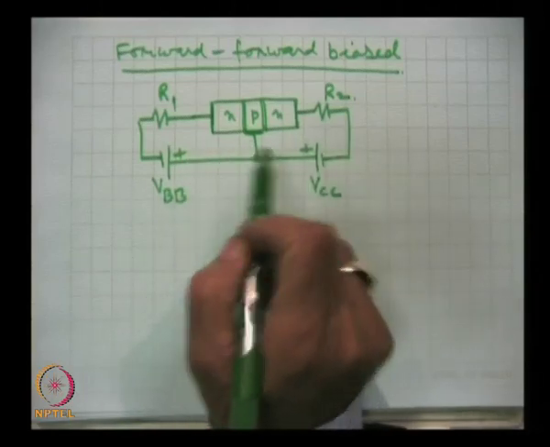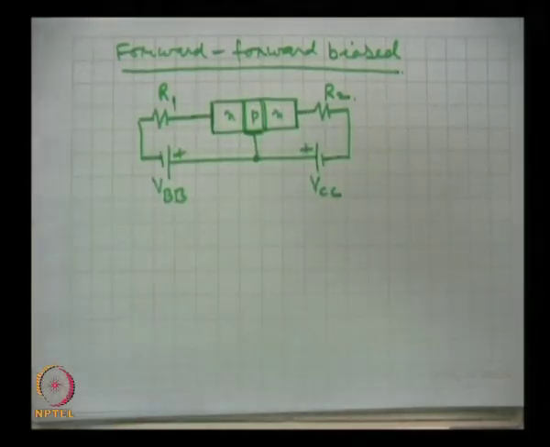Now, before discussing this forward bias, let me say that we are basically discussing the application of the transistor in amplifier circuits. Now, what is amplification and what is required for getting amplification?